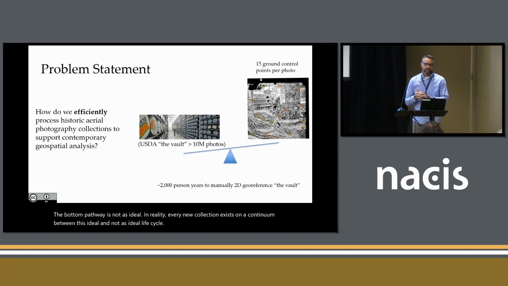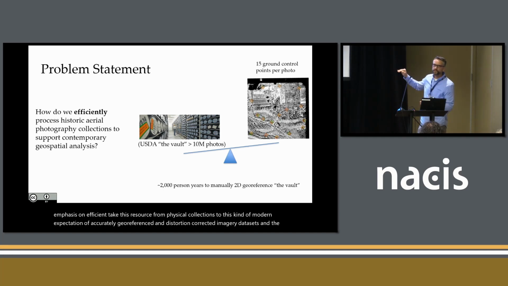So my working research question or problem statement is, how do we efficiently, and emphasis on efficient, take this resource from physical collections to this modern expectation of accurately georeferenced and distortion-corrected imagery data sets? And the need for efficiency has to do with the size of these collections.